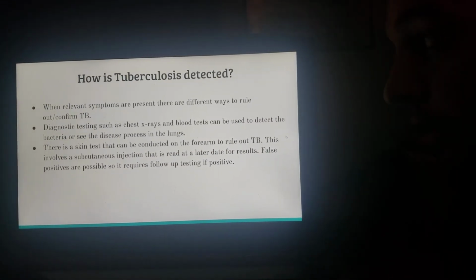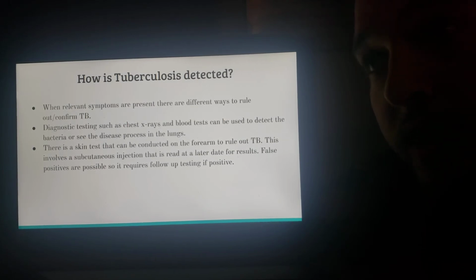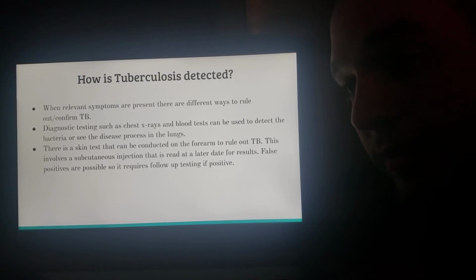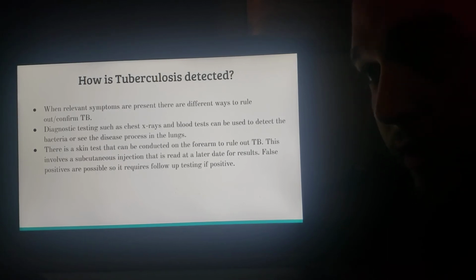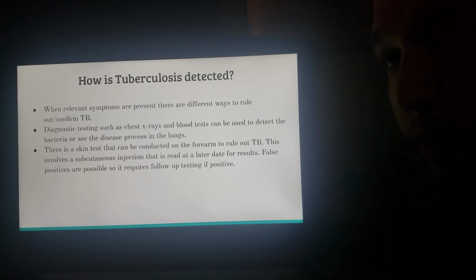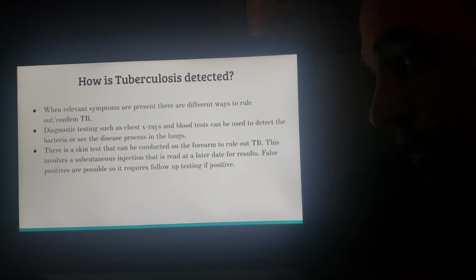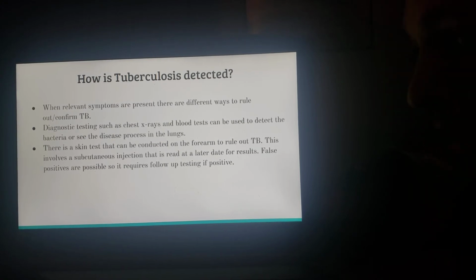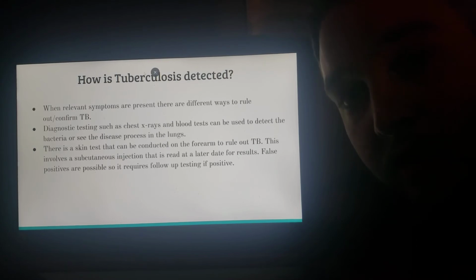You can detect this with a couple of different things. One diagnostic test used to confirm is a chest x-ray, because they can see the disease process in the lungs that way. There are blood tests to check for the bacteria, of course. And then there's also a skin test, like a subcutaneous injection in your arm, and you have to go back and get it read on another day. I have a picture here of what it looks like when that is positive.